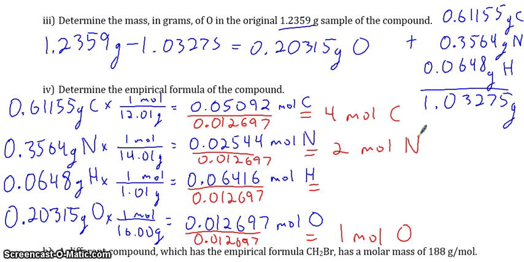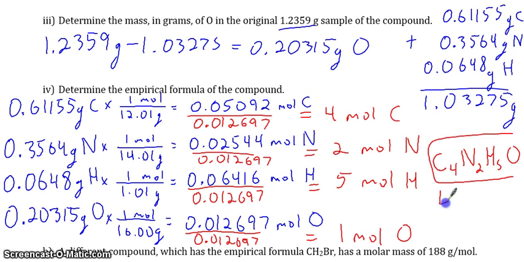It's going to be 5 moles of hydrogen. So here is our empirical formula. We got 4 carbons, 2 nitrogens, 5 hydrogens, and an oxygen. So this is our empirical formula.